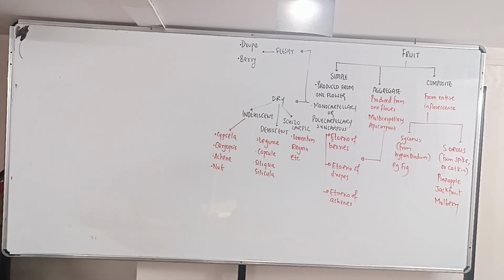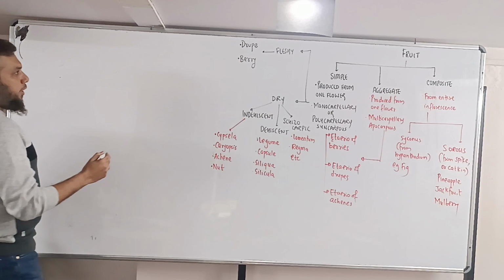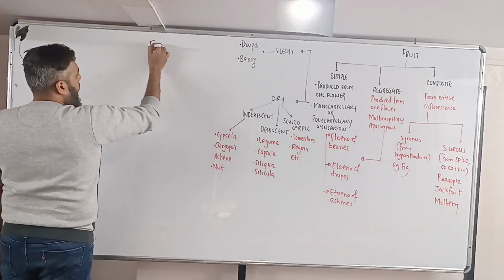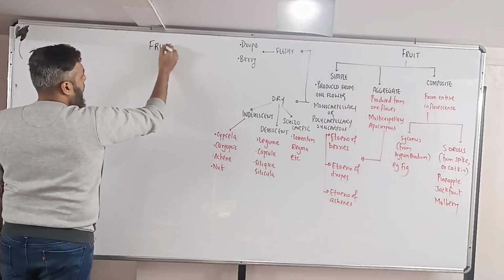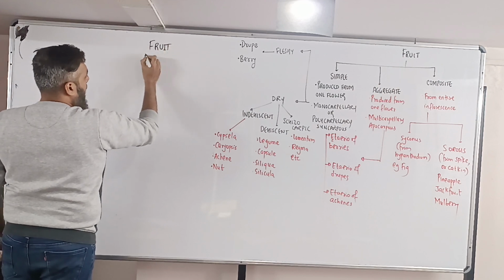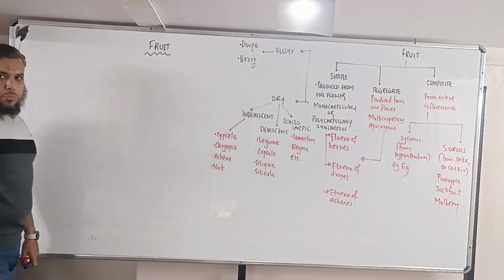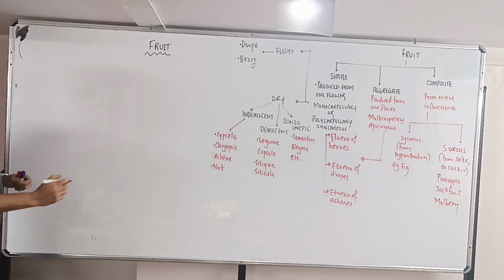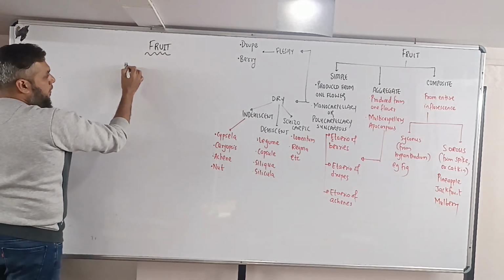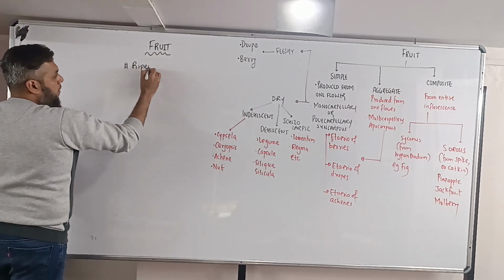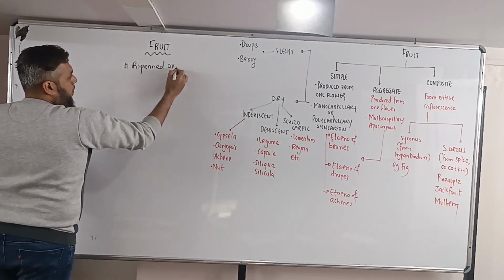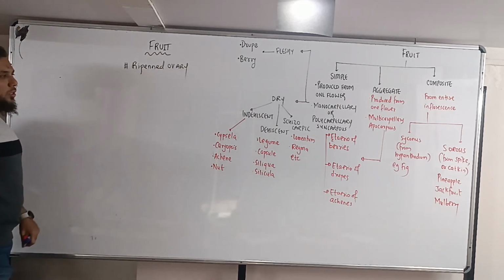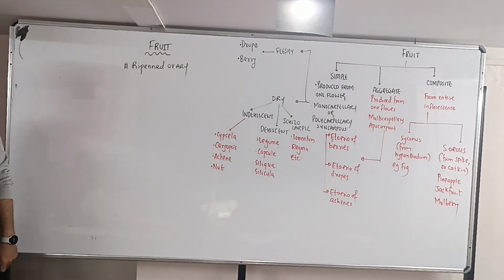So we'll start with the fruit today and we'll continue it in the lecture tomorrow. Okay? How do you define a fruit? The fruit is defined as a ripened ovary.